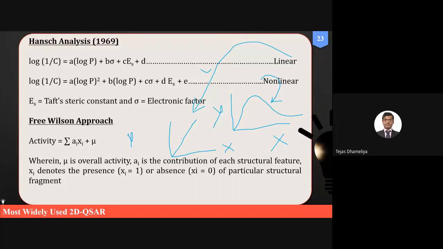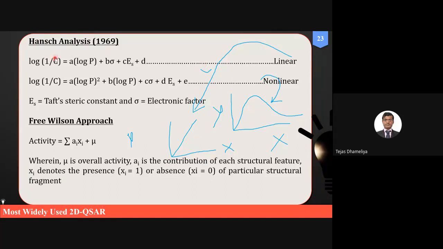You can see this is a line, x versus y, a linear approach, and this is non-linear because for some time it was linear, then it reached a maximum value and after that it decreased. Up to this point, as x increased, y also increased. Up to this value of x, y was maximum, but after this point of x, y has suddenly dropped. So this approach is called the non-linear approach.